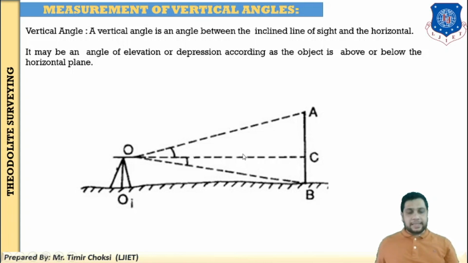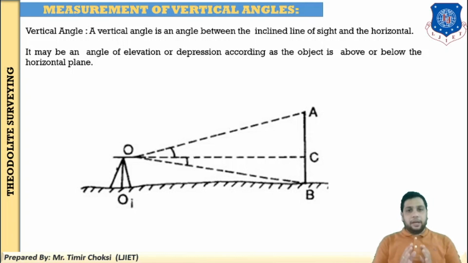Here OAC is the angle of elevation and OBC is the angle of depression. So it may be an angle of elevation or depression according as the object is above or below the horizontal plane. An angle above the horizontal plane is called the angle of elevation. An angle below the horizontal plane is called the angle of depression.